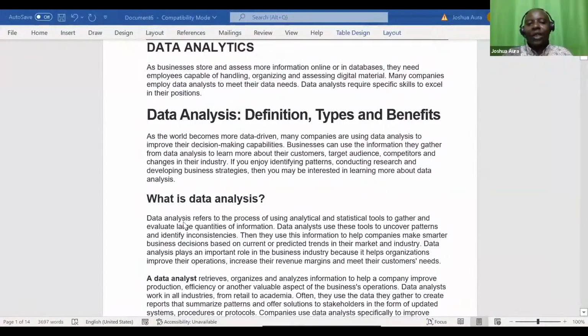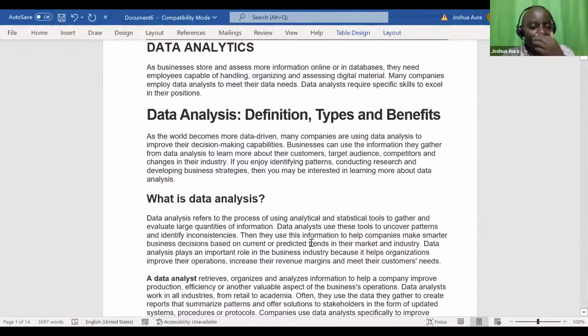Okay. So what is data analysis? Data analysis refers to the process of using analytical and statistical tools to gather and evaluate large quantities of information. Data analysts use these tools to uncover patterns and identify inconsistencies.